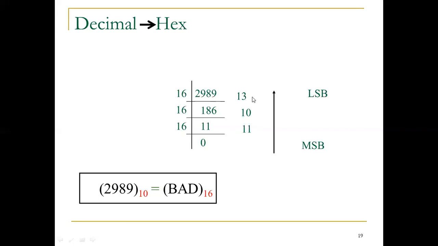So these are the remainders: 11, 10, 13. So this 11 means B, 10 means A, and this 13 means D. So in this way we have converted the decimal number 2989 into its equivalent hexadecimal number, that is BAD.